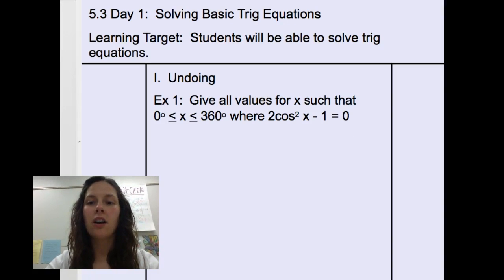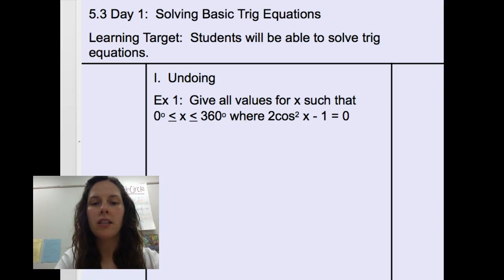All right, starting off, we're going to be solving for our x value, or our angle, in degrees. So we're going to start by solving like it's a normal equation. I'm going to add 1 to both sides. Divide both sides by 2. And then take the square root.